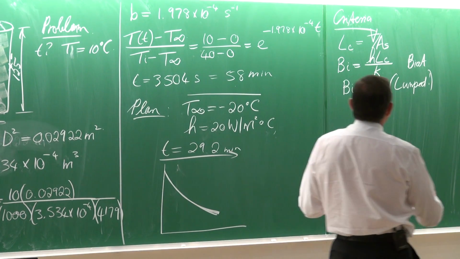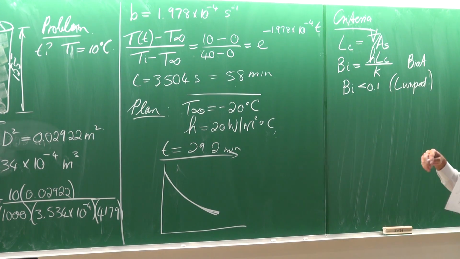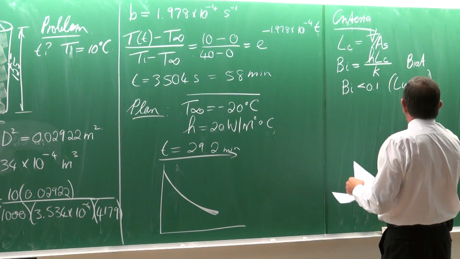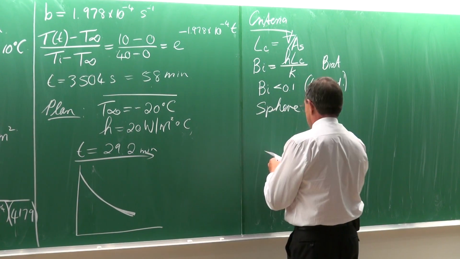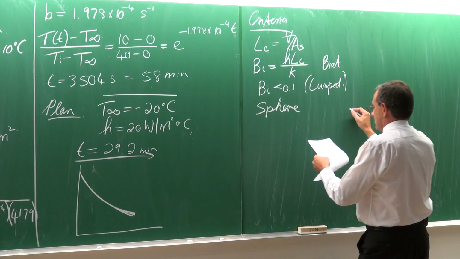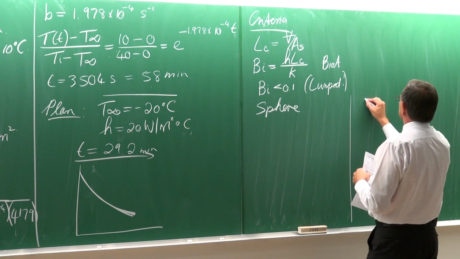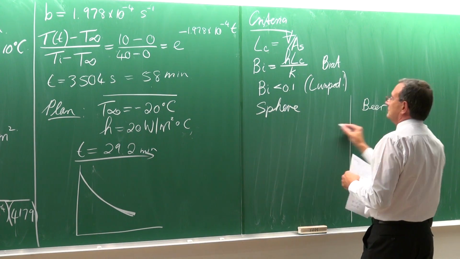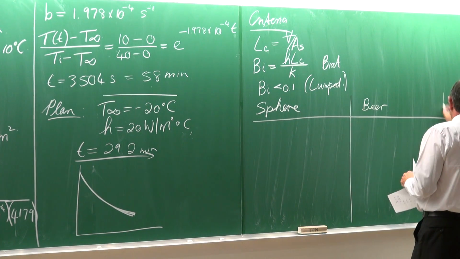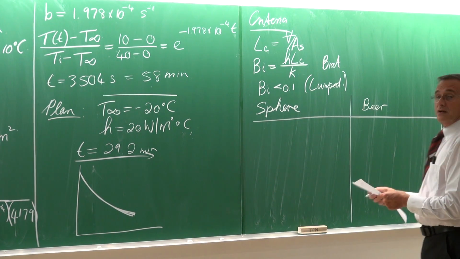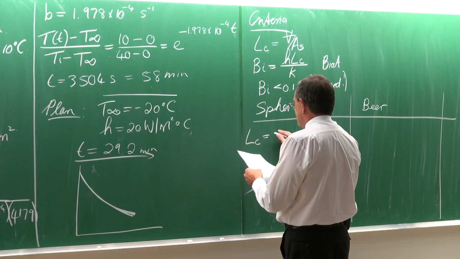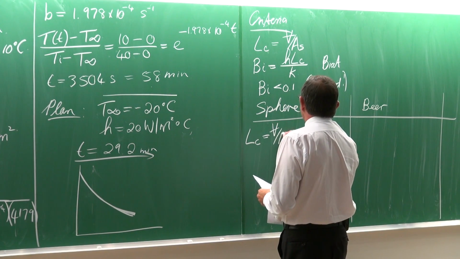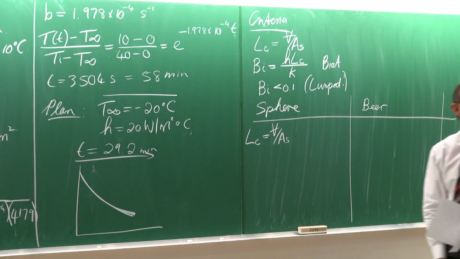So let's just look at these two examples first, and then I'm going to come back to the fundamental explanation. The first one is the sphere, and the other one was the beer can. For the sphere, the characteristic length is the volume divided by the surface area.